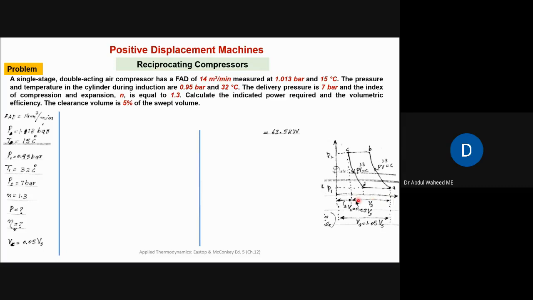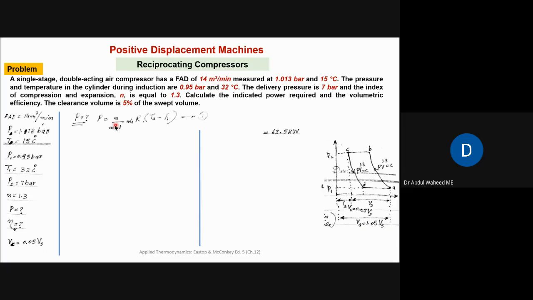So total swept volume is VS, and this VC is given as 0.05 of VS. And this total volume starting from cylinder head till top dead center is VA, that will be VS plus 0.05 of VS, so that is 1.05 of VS. This is VS, this is 0.05 of VS, so this total is 1.05 of VS, that is VA. So that will be used later in this problem.